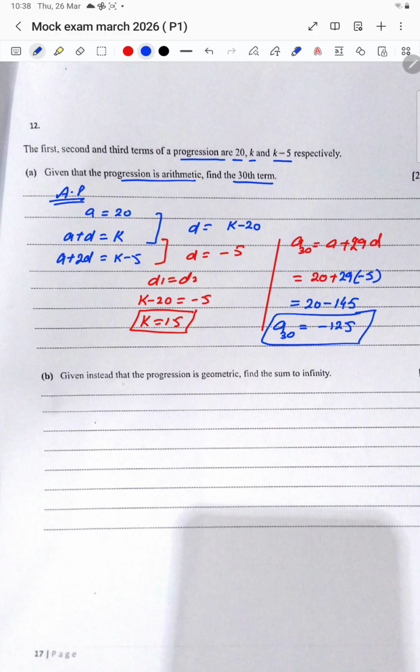Okay. Now, given instead the progression is geometric, find the sum to infinity. Sum to infinity requires a over 1 minus r. Now for the GP, we are given the first term is 20, the second term ar is k, and the third term ar squared is k minus 5.